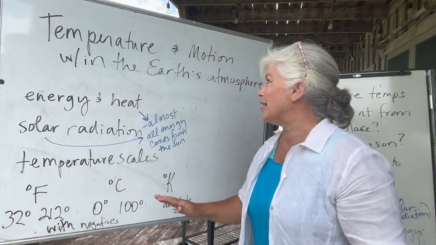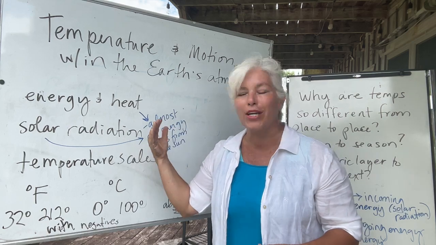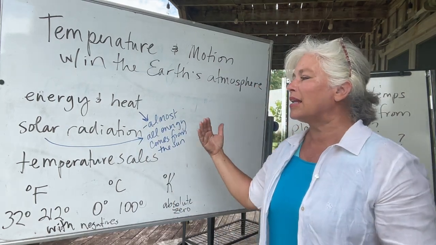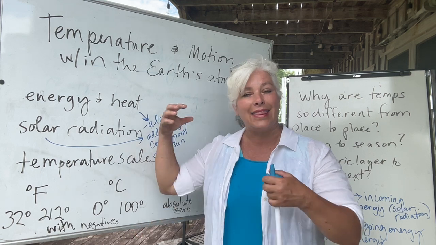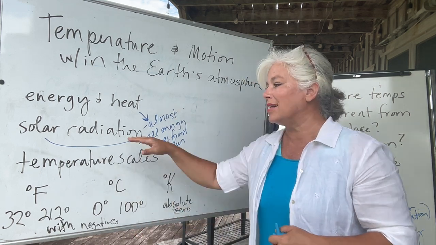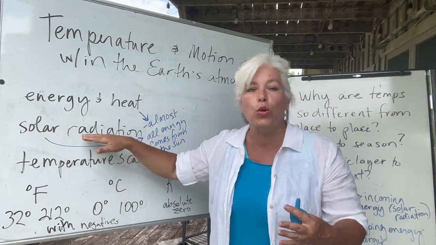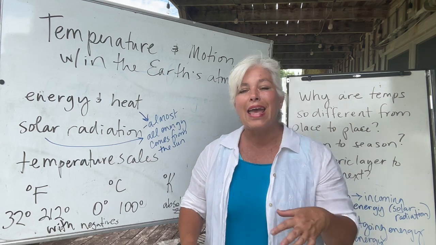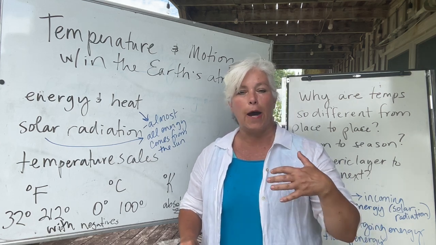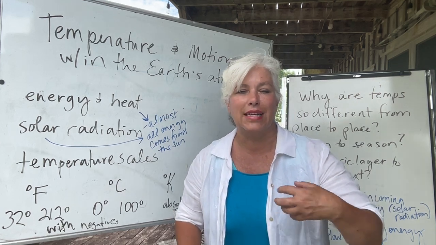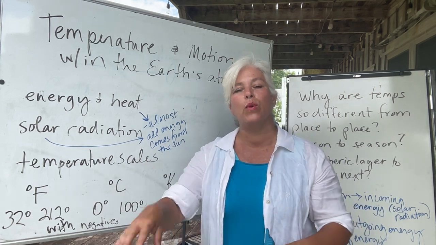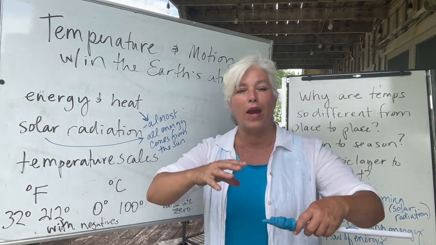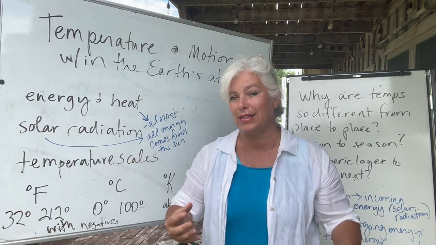Okay, so we're looking at temperature and motion within the atmosphere. And the topics are going to range from the energy and the heat that comes from the sun, and particularly solar radiation, although any kind of radioactive decay that happens within the earth emits energy from the earth itself.